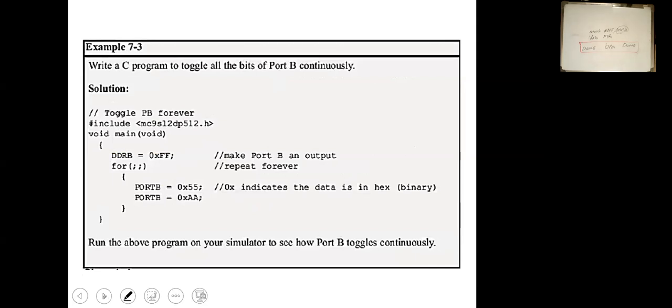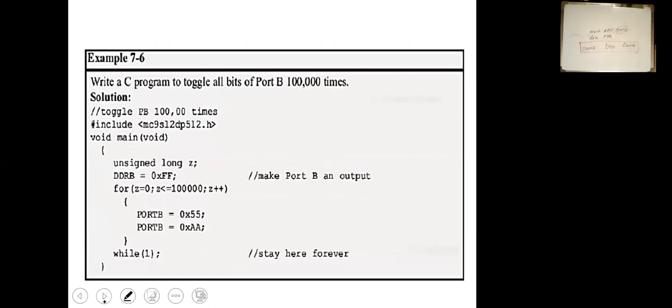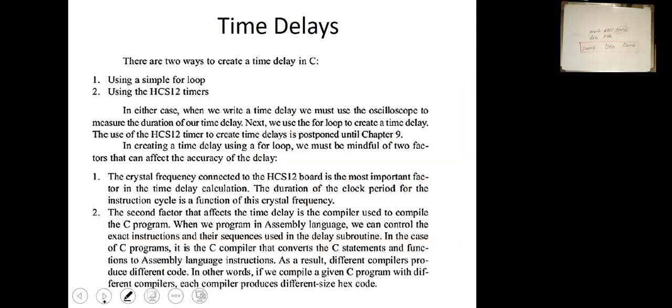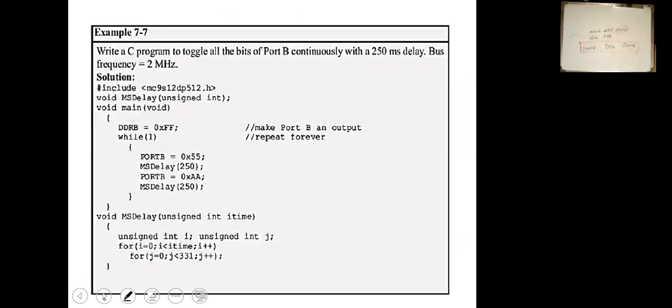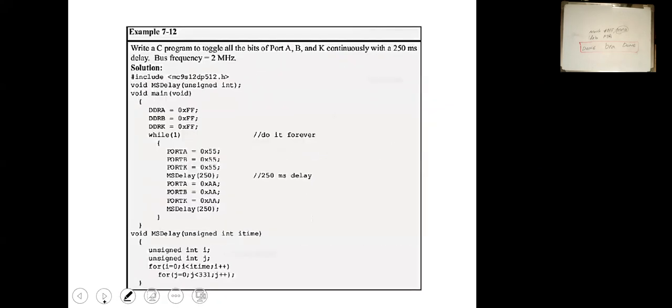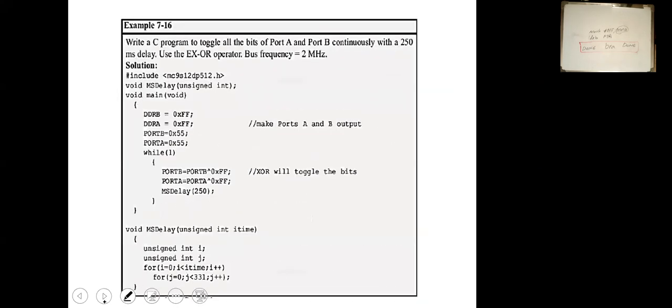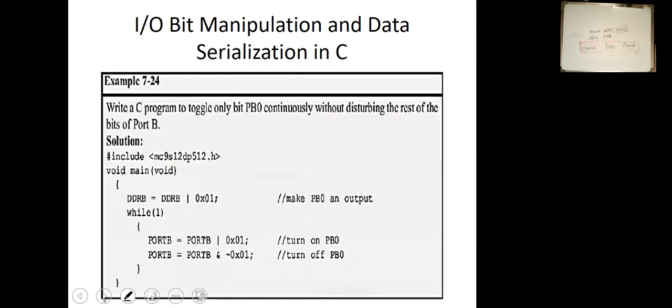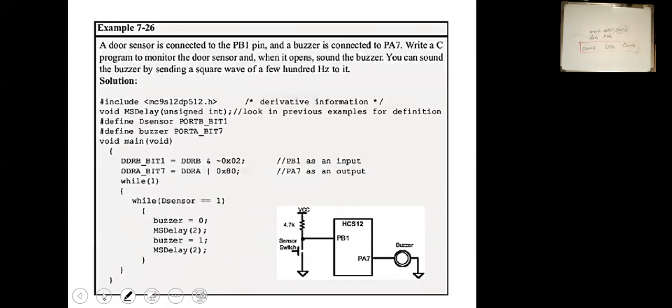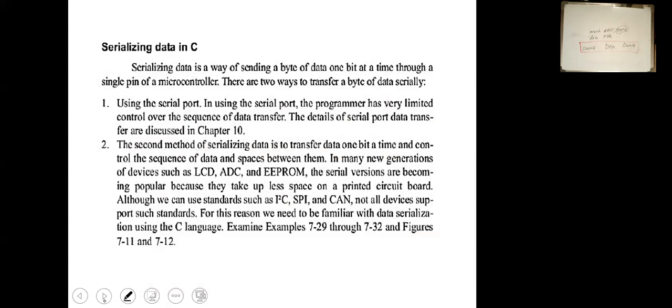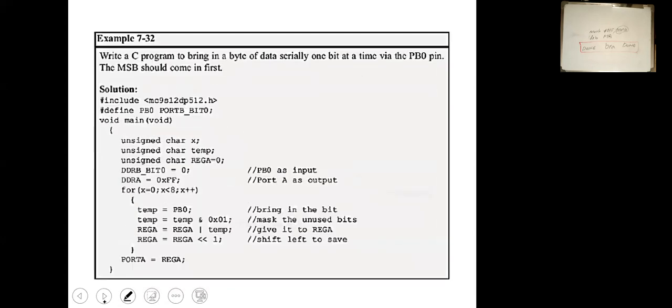Same thing here, a set of programs. All of these are examples. I will come to this topic next time, about the time delays in C, how to do that in C. And all of these are examples of how to serialize data, examples to connect, a lot of examples actually.